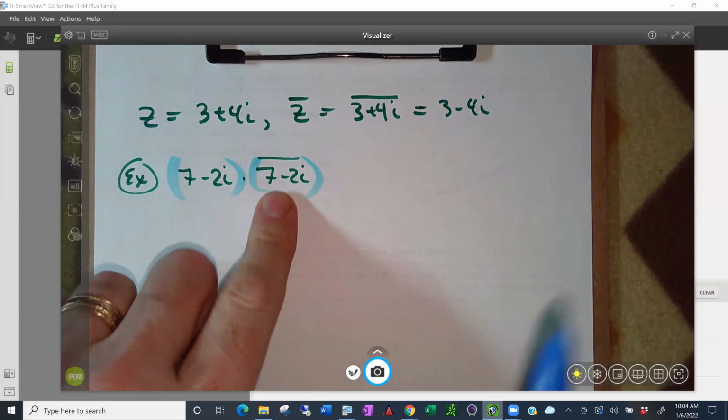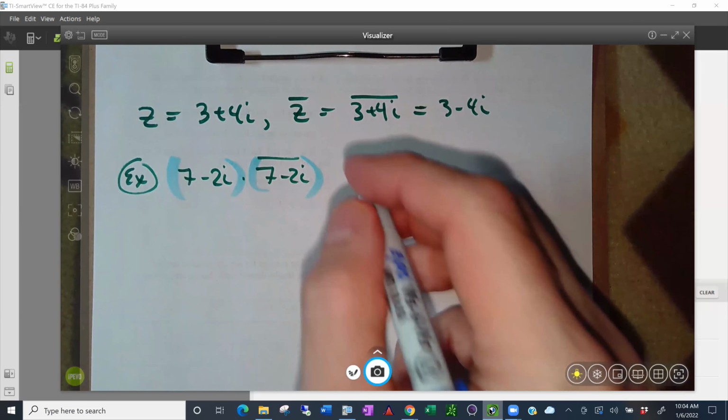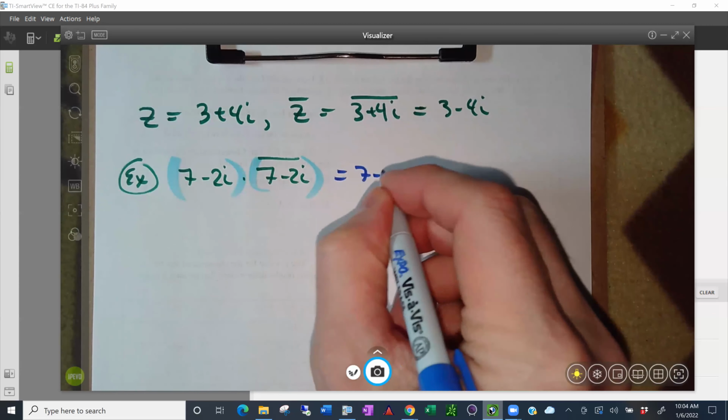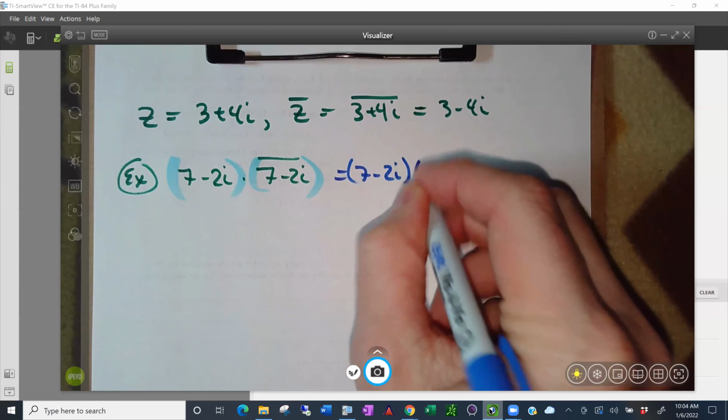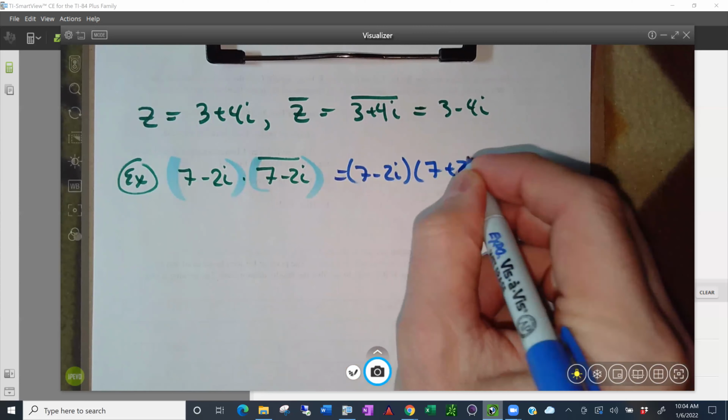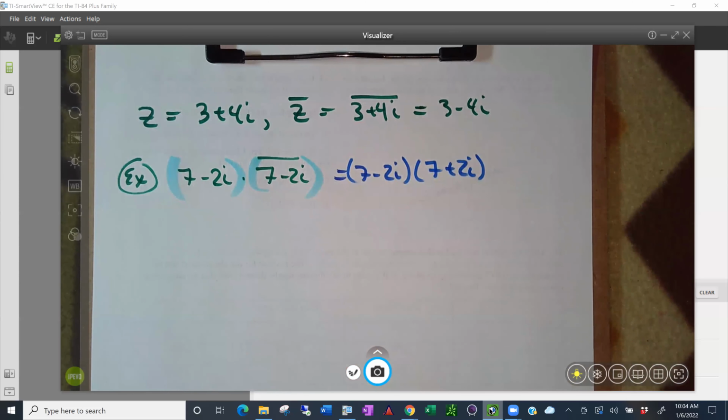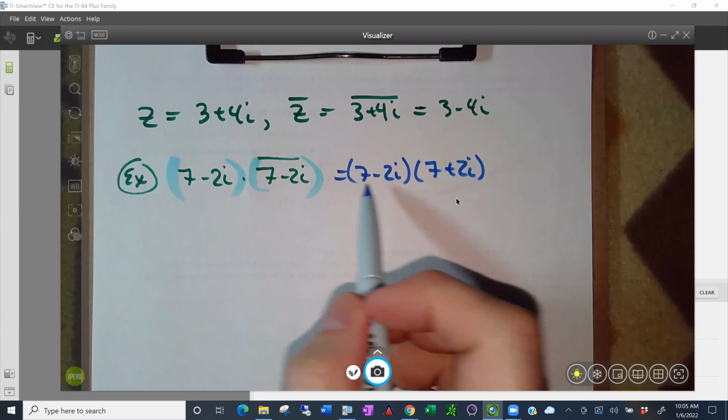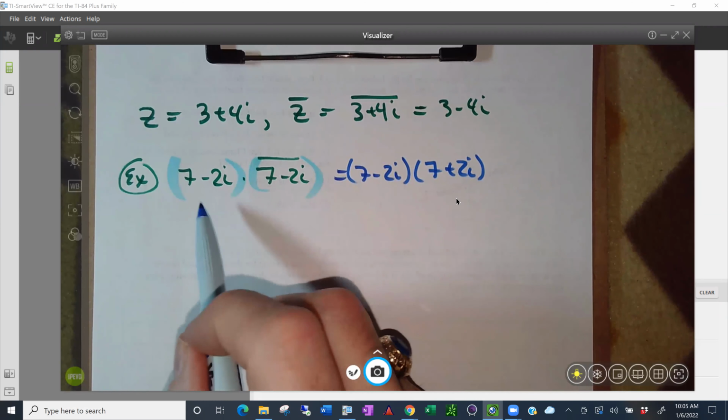Now that second one really means it'd be 7 minus 2i times 7 plus 2i. And something interesting is going to happen when you multiply a number by its conjugate.